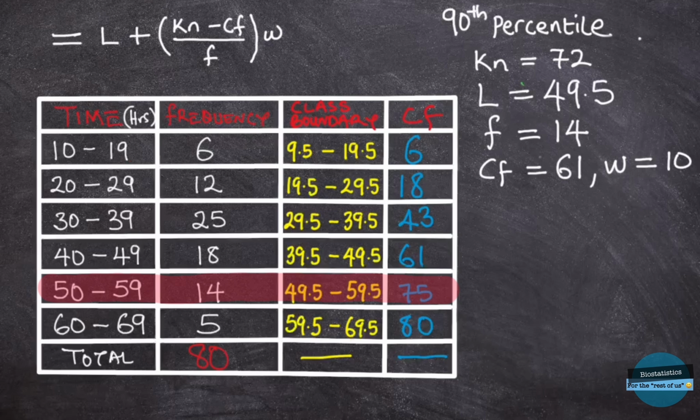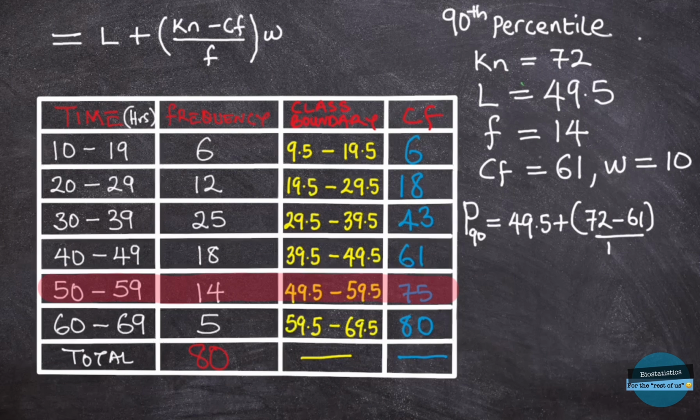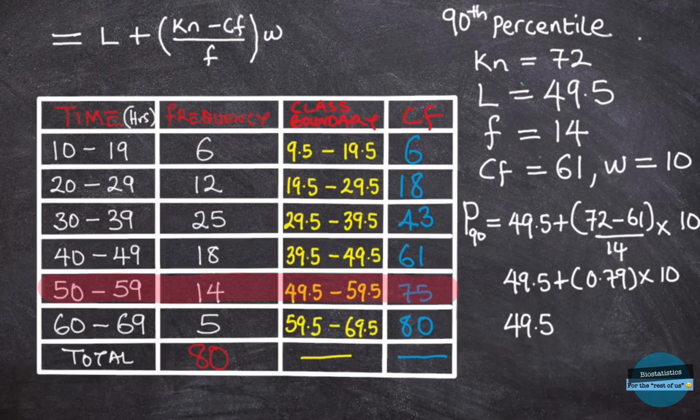We have P90 is equal to 49.5 plus Kn, which is 72, minus CF, which is 61, divided by F, which is 14, and multiplied by our width, W, which is 10. So we have 49.5 plus 0.79 in brackets, right, times 10. We'll be having 49.5 plus 7.9, and so our P90 is going to be 57.4 hours.